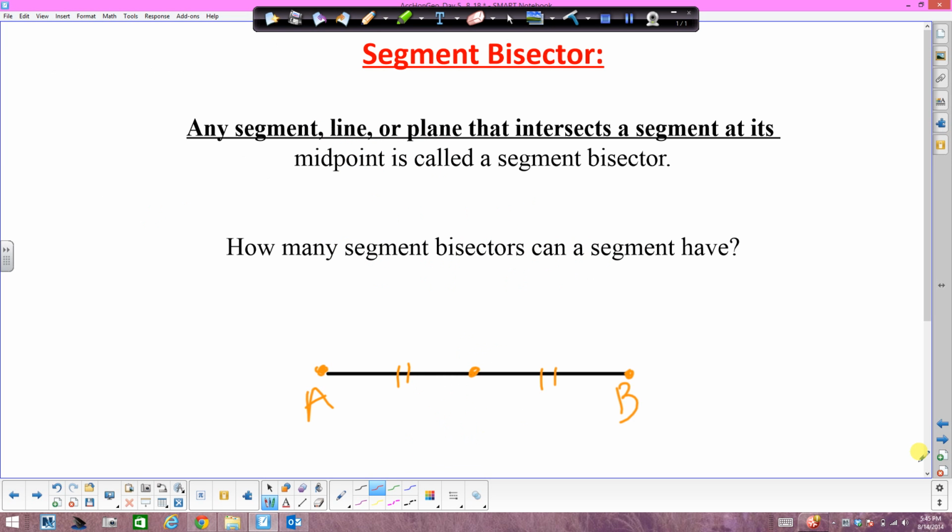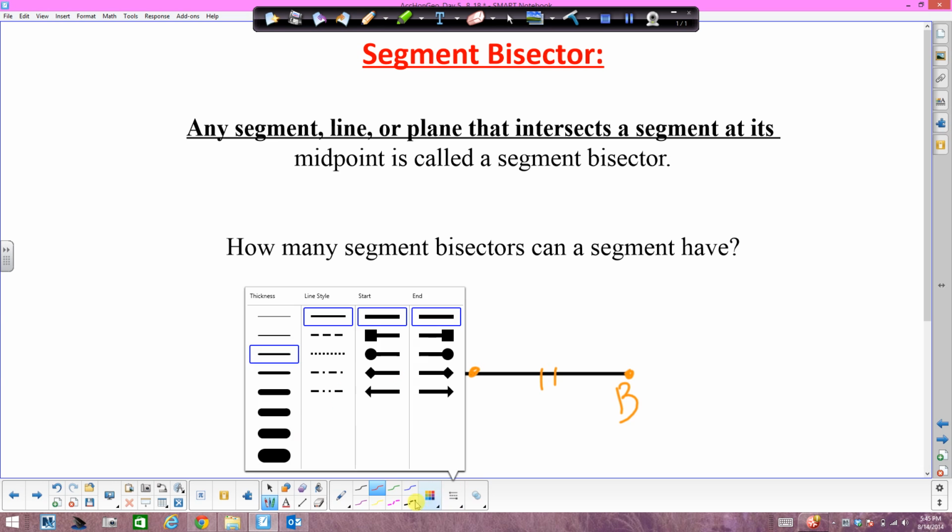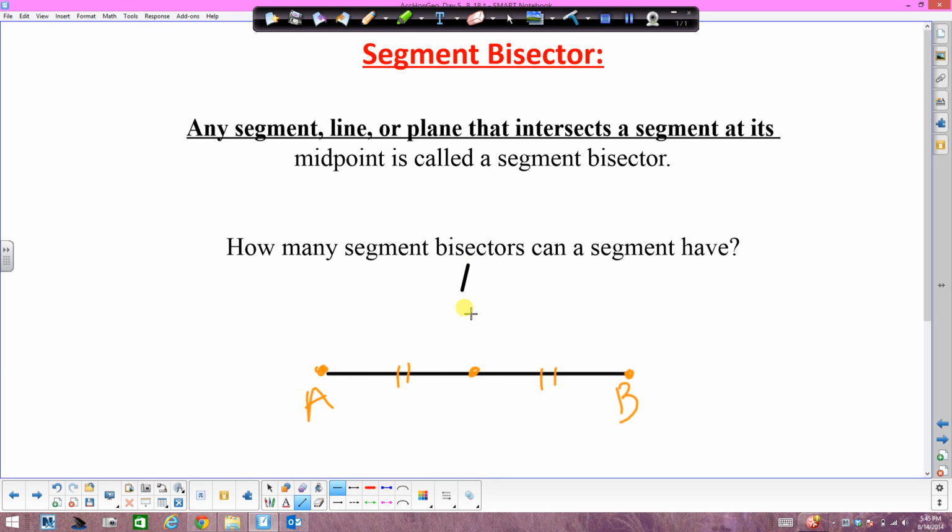Alright, segment bisectors we talked about. So it can be a segment, a line, or a plane that intersects a segment at its midpoint. So how many segment bisectors can this one segment have? Well, I could draw one that just goes straight through it. But then we could take this line and turn it all kinds of directions and have an infinite number of lines that pass through that midpoint.